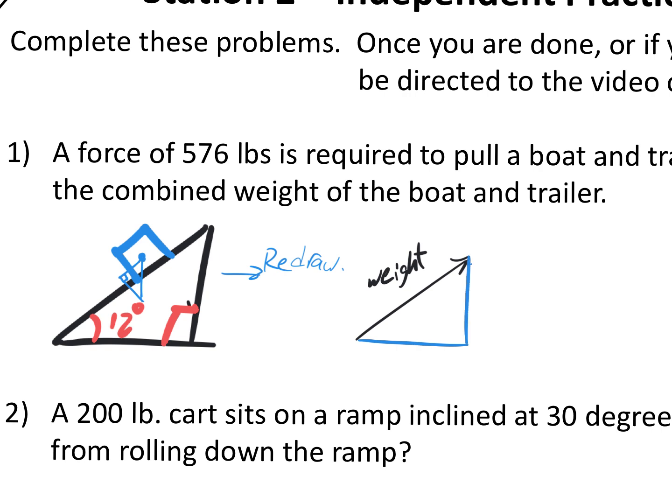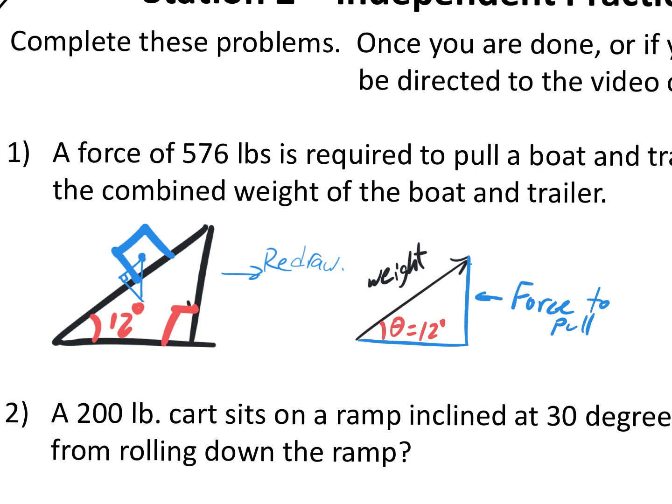This side right here represents the force to pull it. It's more like geometry than vectors at this point, but this angle is the same as the angle we saw in our original diagram. It is 12 degrees.